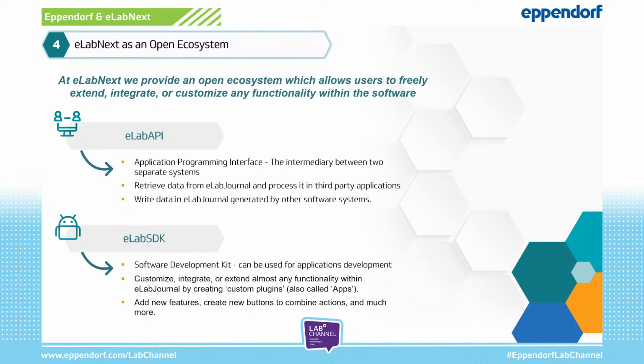So you can maybe, for example, add new features or create new buttons or maybe combine functions and many more options in order to make it more tailored to what you're looking for, or to fit the needs that you have for your specific workflows. The APIs used together with the SDKs will allow your team to customize and extend the functionality of eLab Journal depending on the needs of your lab.